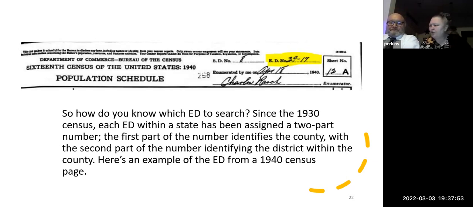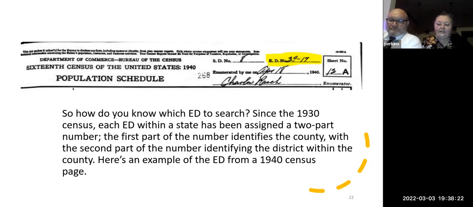Since 1930, I think it was, each enumeration district for the state has a separate number. Now, every state's going to have number 1, number 2, number 3. So you have to look at them to know which state, and this, the 16th census, 1940, doesn't say right here on this page which state it is, but you can see that further over on the left.